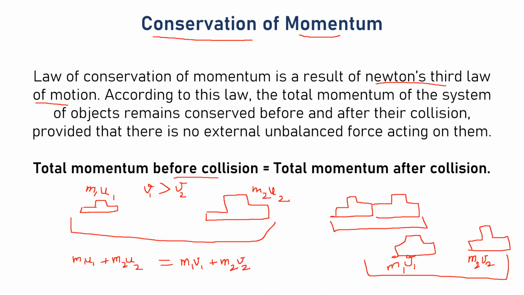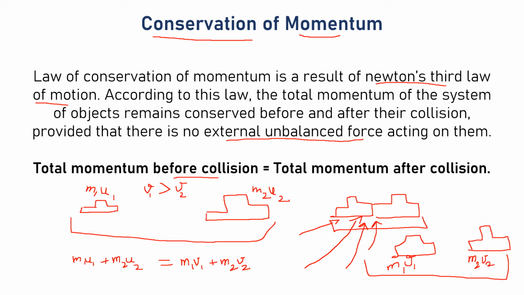Now what do you understand by no external unbalanced force? The system we have taken here is an isolated system. One car is going to bang into the other, and after the bang they will separate. In this case, no other force acts on the cars. It is possible that during the collision a third car, a scooter, a person, or a cart could also collide with them.